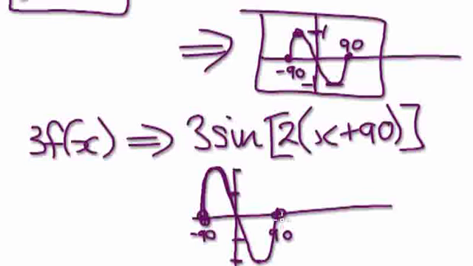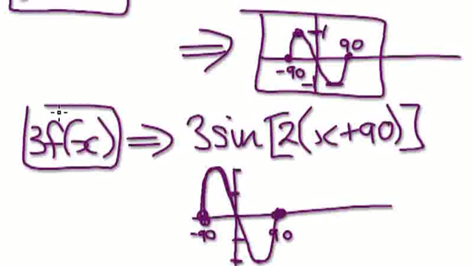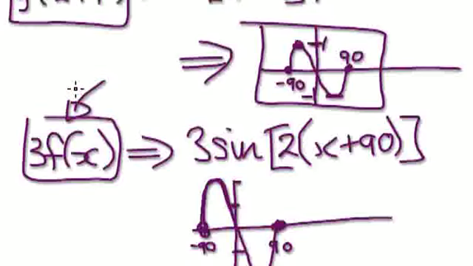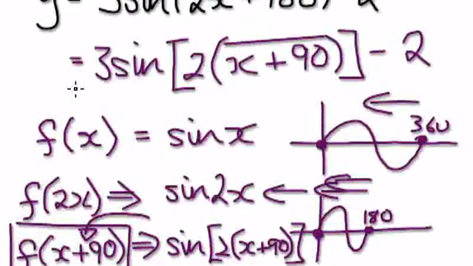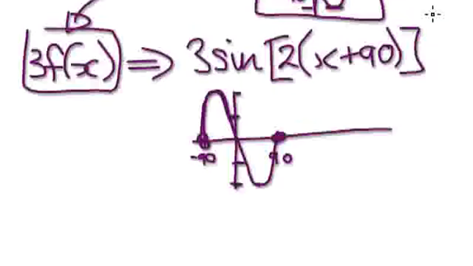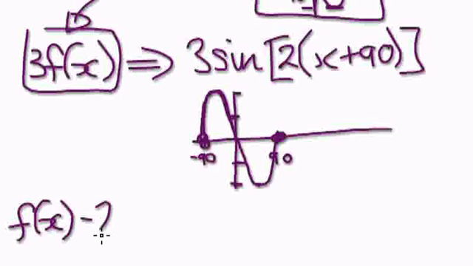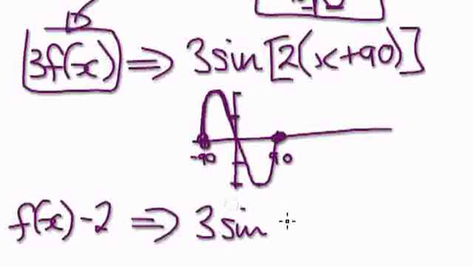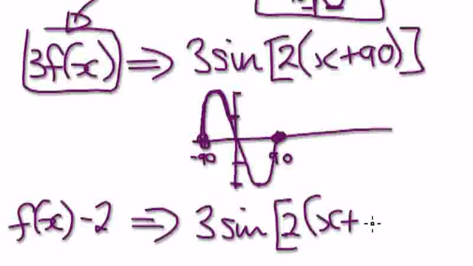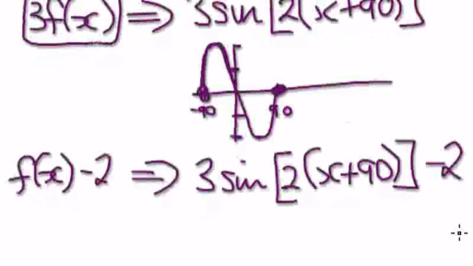That's us applying this transformation. Then the next transformation would be this -2. So our next transformation would be f of x and then -2, giving us 3 sine square bracket 2 bracket x plus 90, and then -2.